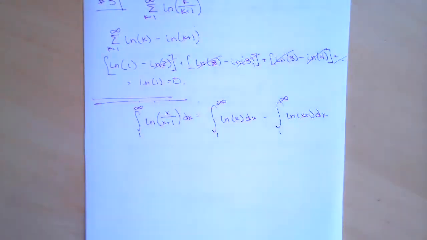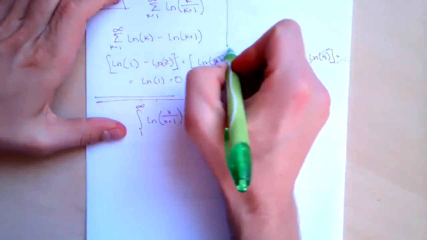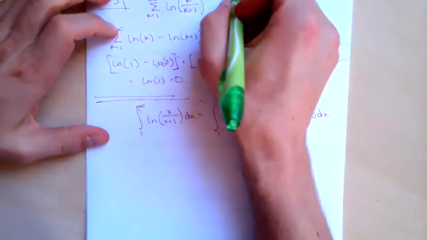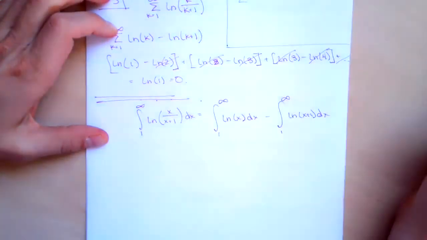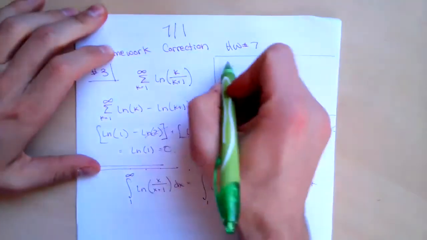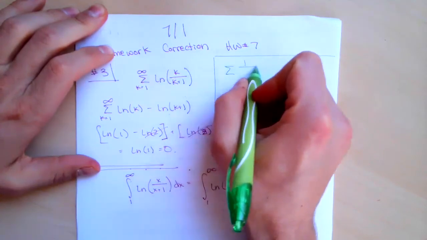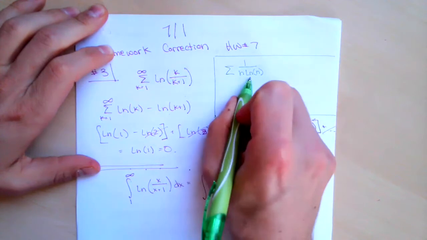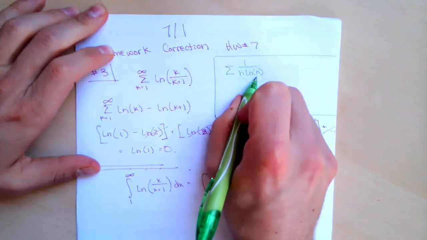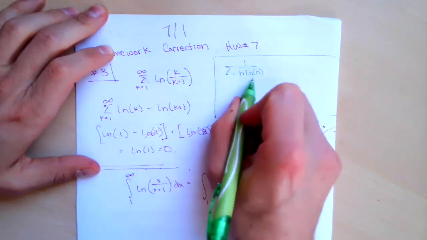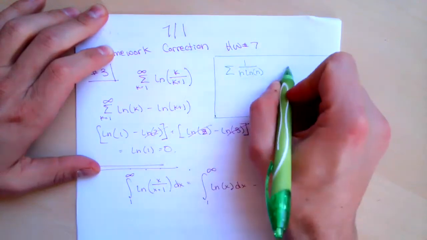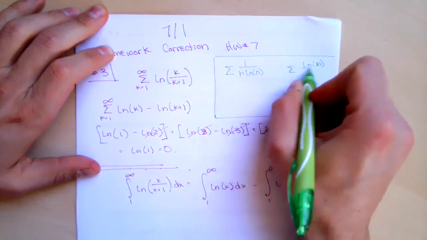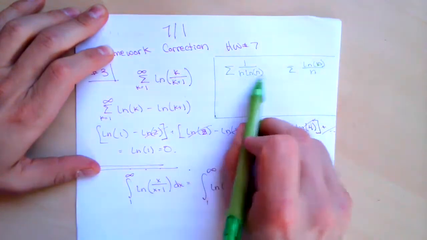We like the integral test, and it does come up with natural logs. So let me give a little aside for this problem, because I think problems like this have shown up on WebAssign or on your other homework assignments. When you have natural logs, you want to look for things like n natural log of n. What's the derivative of natural log of n? It's 1 over n. So in cases like this, or natural log of n over n, integral tests work really well.